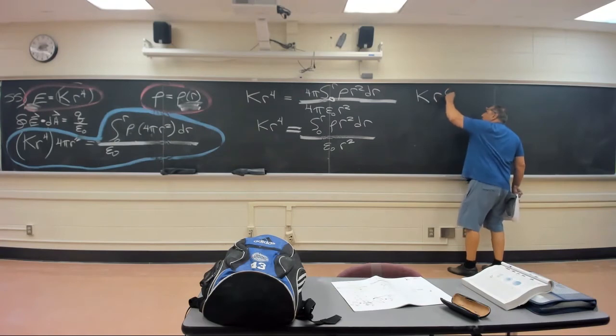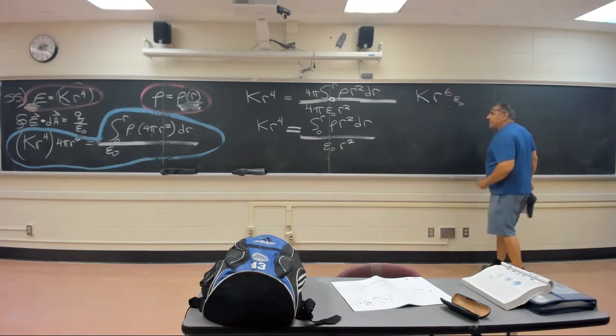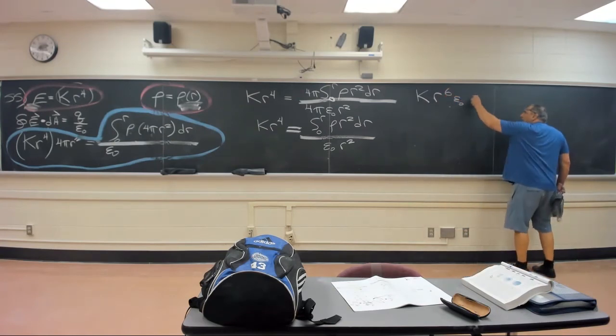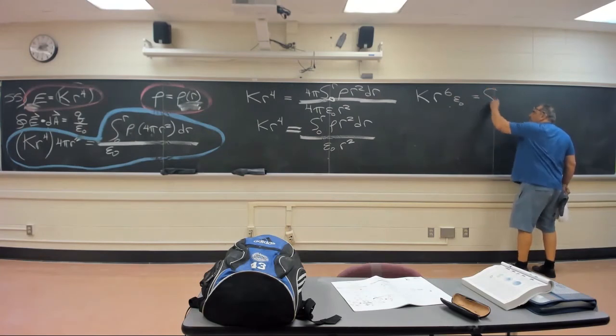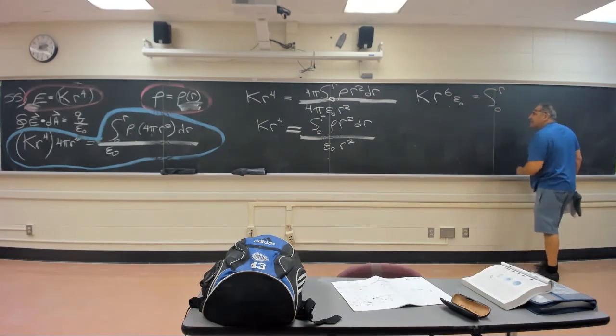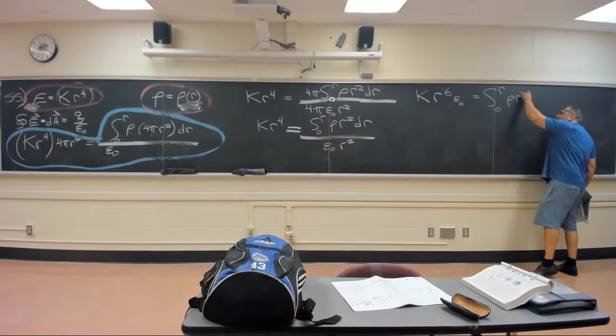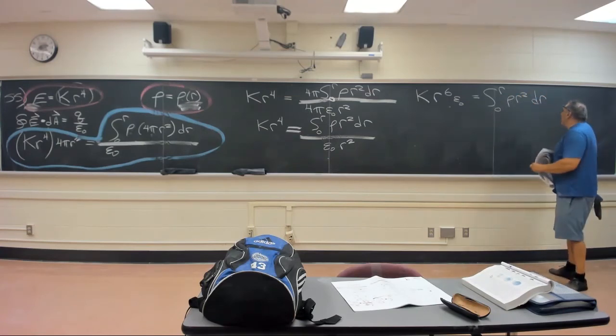R squared times r to the 4th is r to the 6th. I'm not saying it's necessarily easier to visualize right now, because it's pretty intimidating stuff if you really want to think about it.